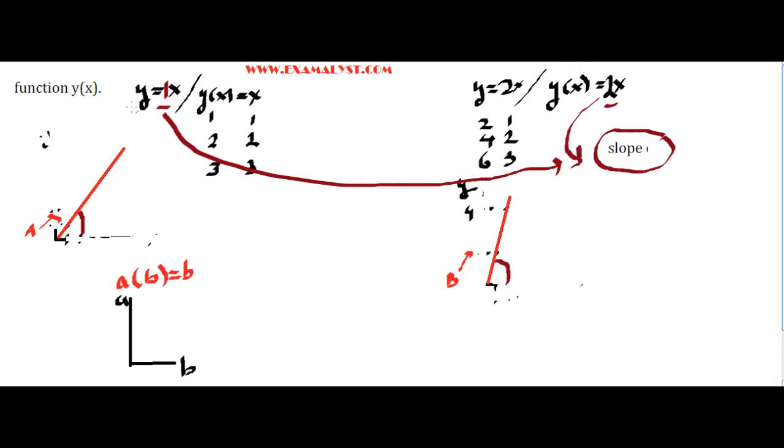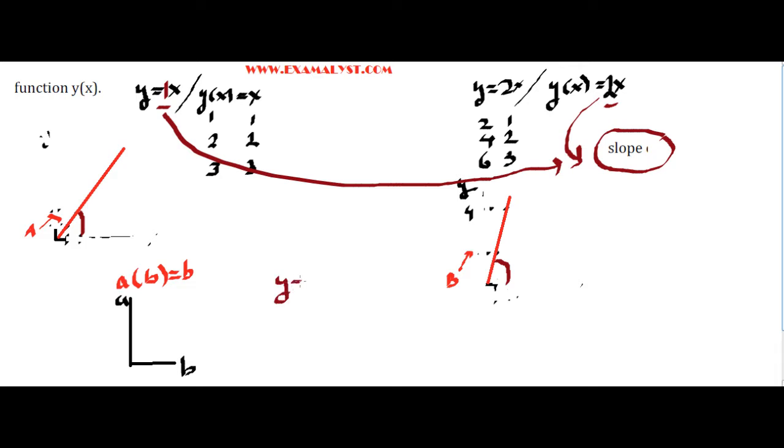When you write a function of y in terms of x, the number that multiplies the x is the slope.